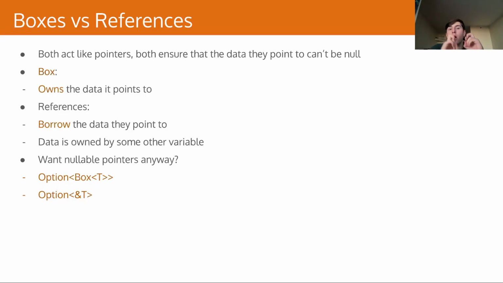References borrow, they don't own it. And Box doesn't have a null pointer, but using Option, you can re-implement a null pointer, much safer since it requires you to check for it every time, so you can't accidentally dereference null pointers.